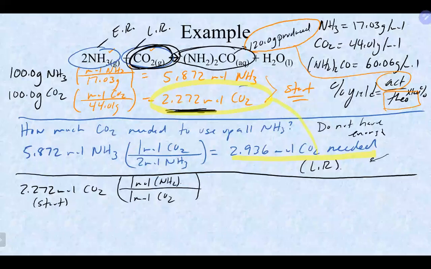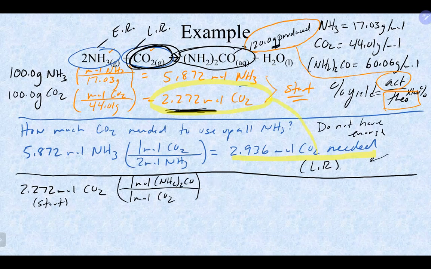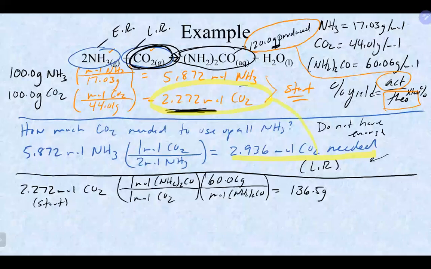And since our actual yield is in grams, we do want to convert this to grams, so they're all in the same units. So using the molar mass that was given to us of 60.06 grams per mole for NH2,2CO, that's going to give us basically 2.272 times 60.06 gives us 136.5 grams of our product here, which would be our theoretical yield.